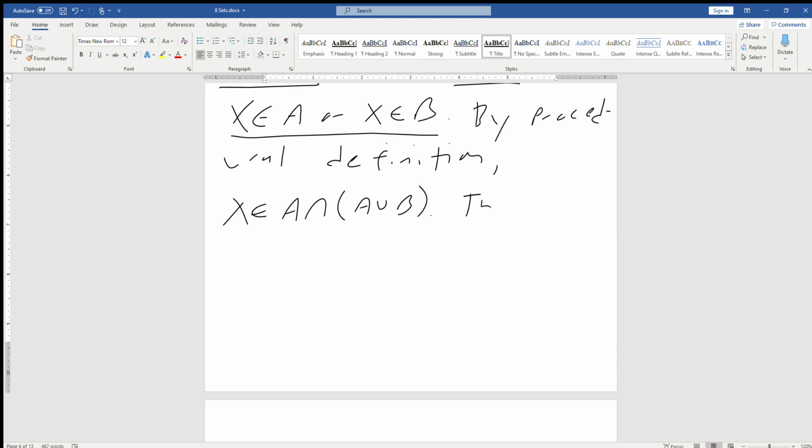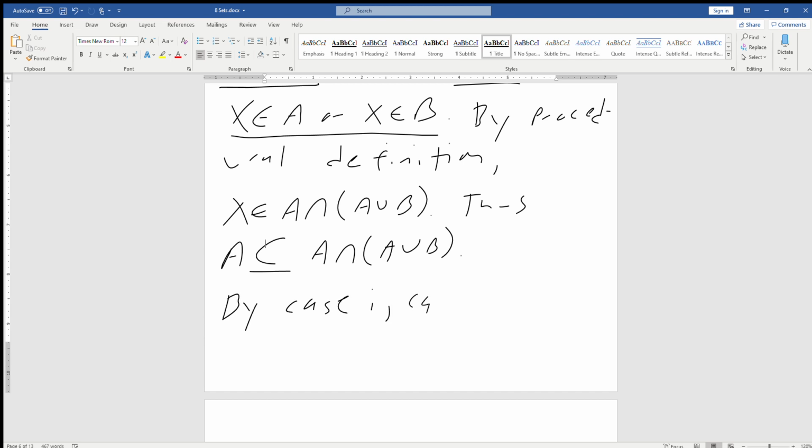And then thus, we can say A is a subset of A intersect (A union B). And then finally, by case 1 and case 2, we could say that A intersect (A union B) is going to be equal to A. So A intersect (A union B) is equal to A.